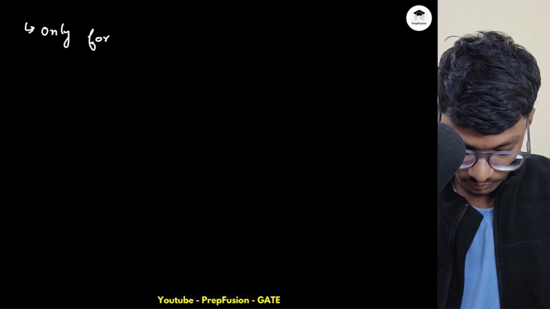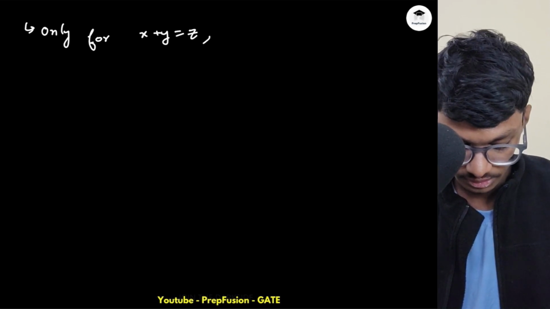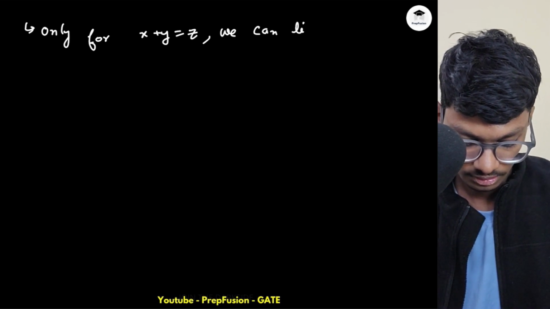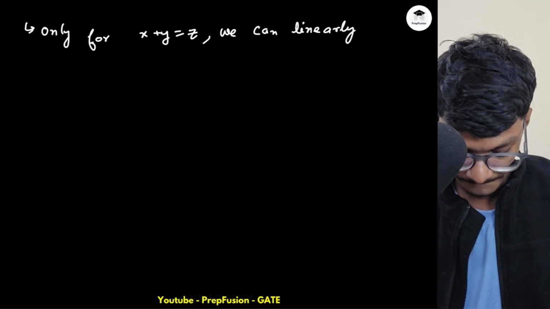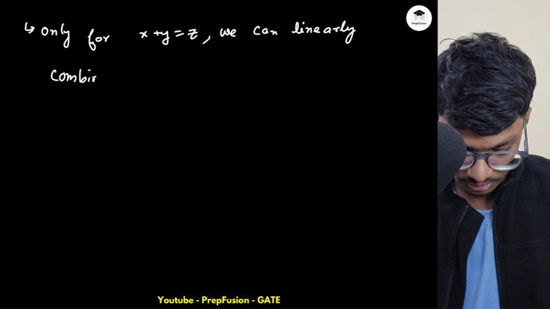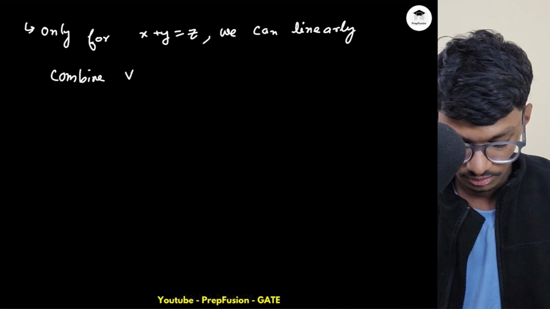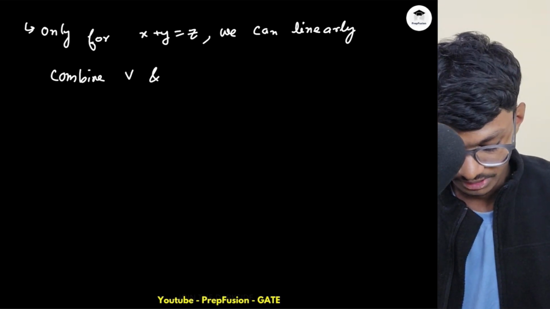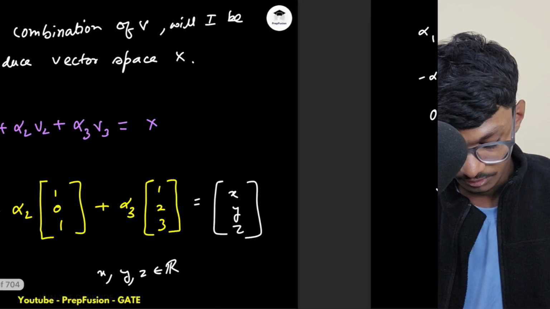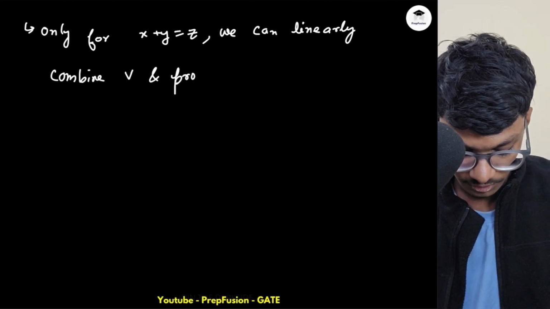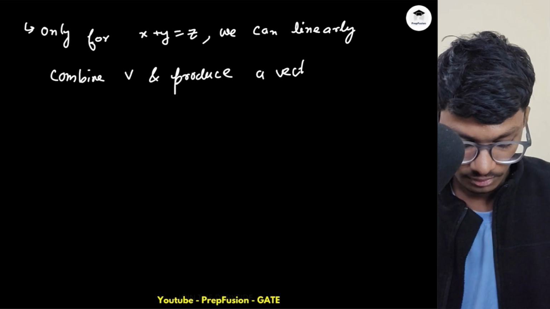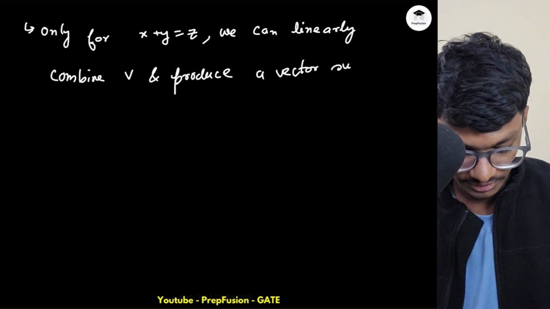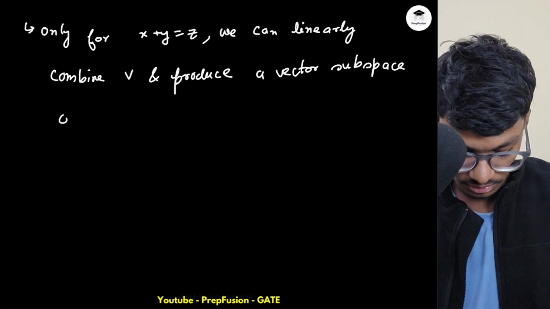So let me write, only for x plus y equal to z can we linearly combine the v vectors and produce a vector subspace of x.